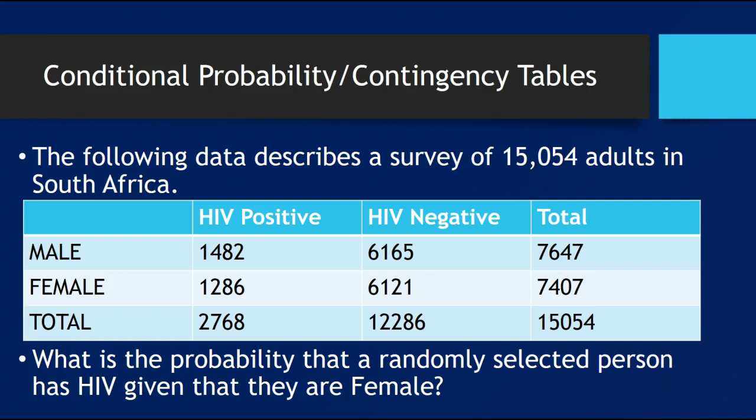All right, so since we're given that they're female, I ignore everything but the females in this middle row. And so what's the probability that you pick one female at random that has HIV? It'd be 1286 divided by 7407.